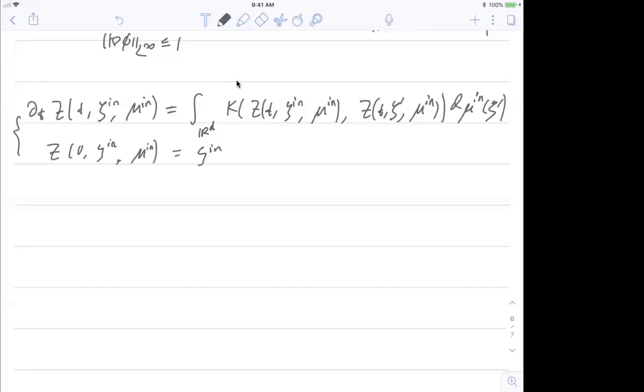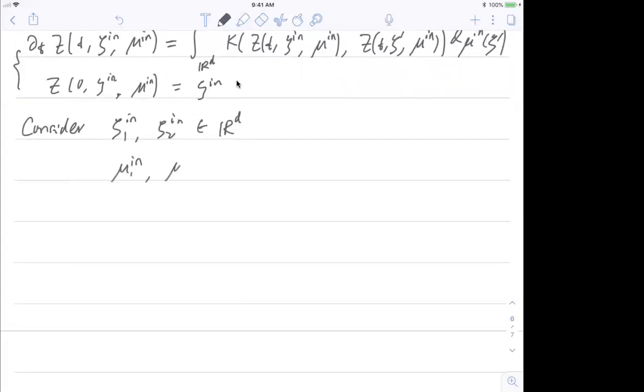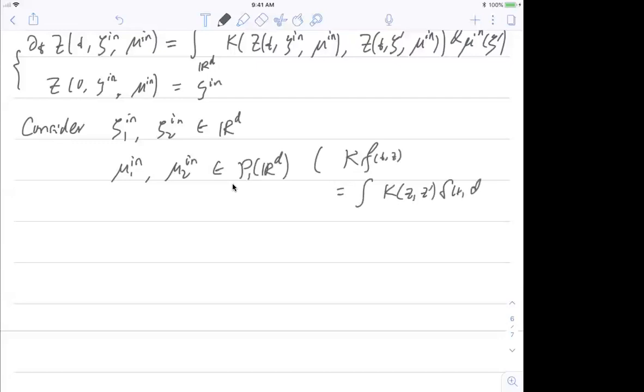Okay. So now we just compare two characteristic flows. Let's consider two sets: two initial data and two initial measures. Here we assume all those measures have finite moment of order one, just to ensure that this integral operator is well defined, the integral of T z z prime f_t dz prime, which is the integral with respect to the measure f.